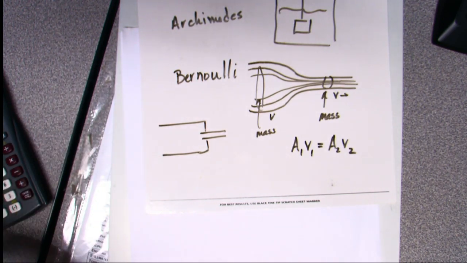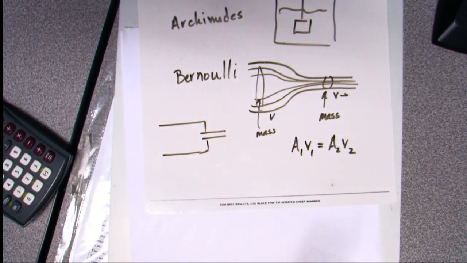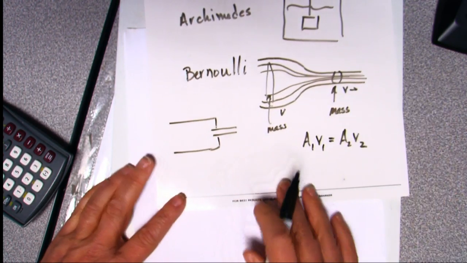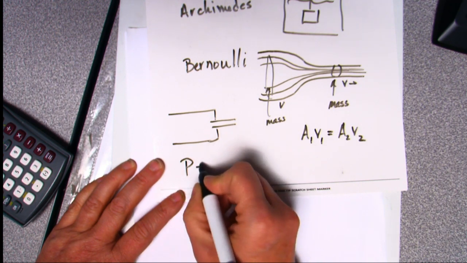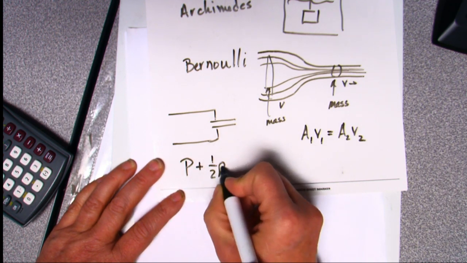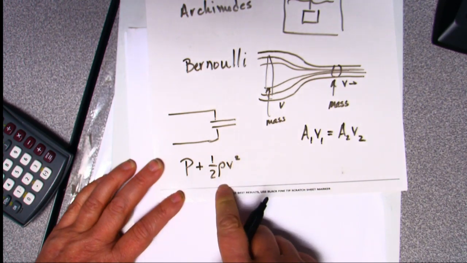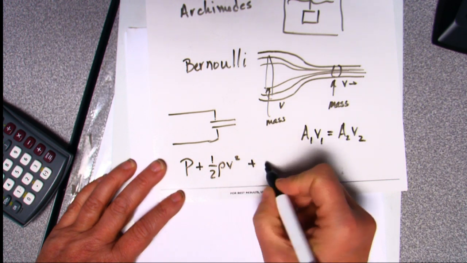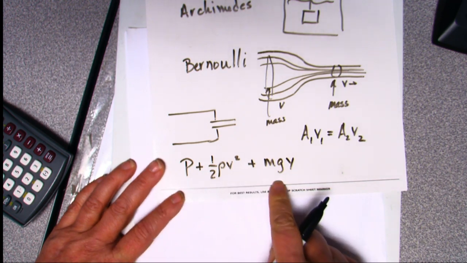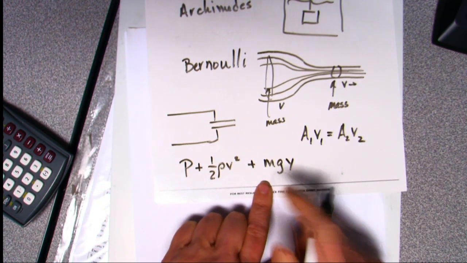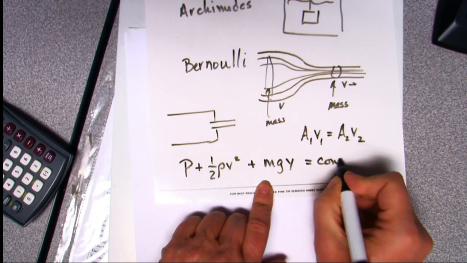It also results in a change in pressure, and so we can get what we call the overall Bernoulli equation. We can derive it using conservation of energy, but I'm just going to write it down: the pressure plus 1/2 the density times velocity squared, which looks like kinetic energy, right, plus the mass times gravity times my change in height, which is my potential energy, is going to equal some constant.